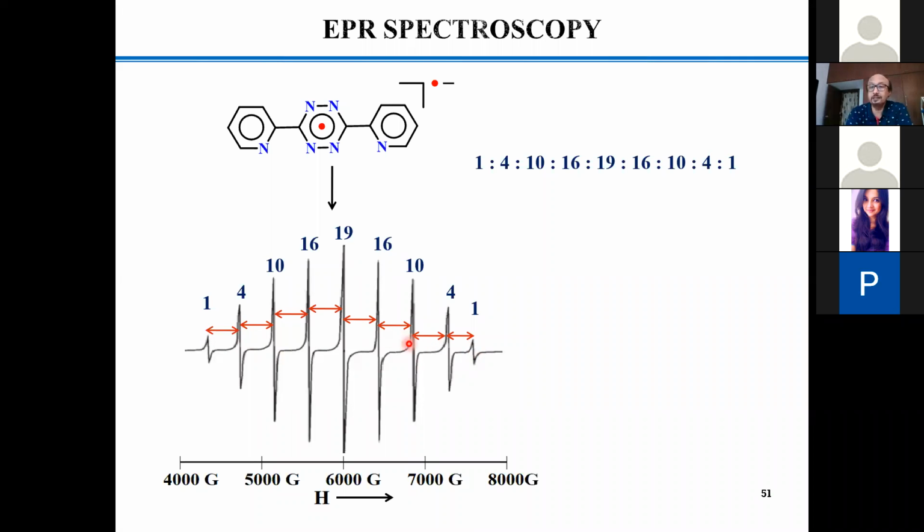And the A value tells you, as we have discussed, A represents the extent of interaction of the electron spin with the neighboring nucleus spin. A neighboring nucleus could be part of the same atom carrying the unpaired spin, or the other atom which is linked to the central atom carrying the electron spin.